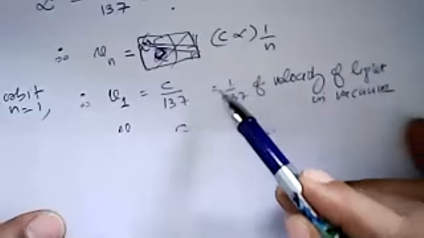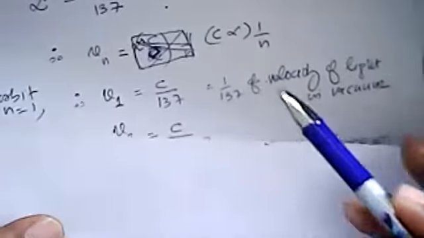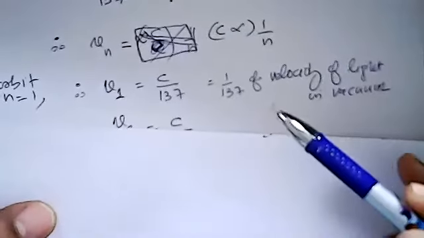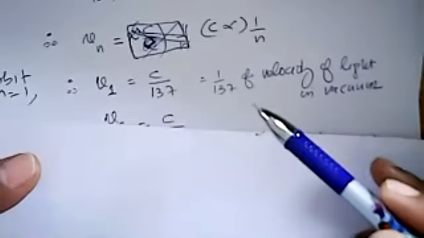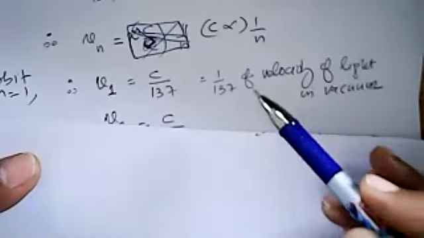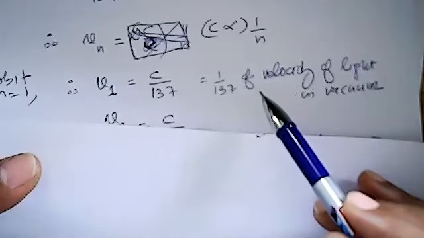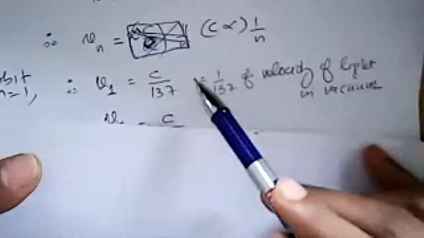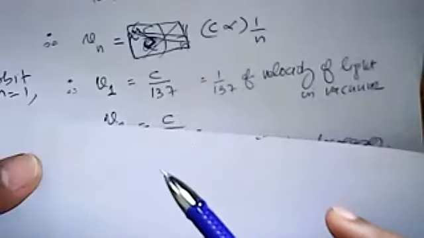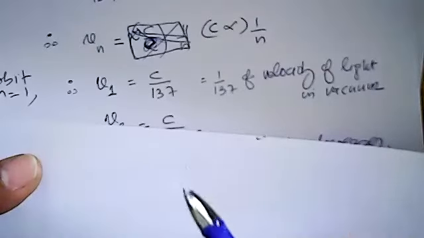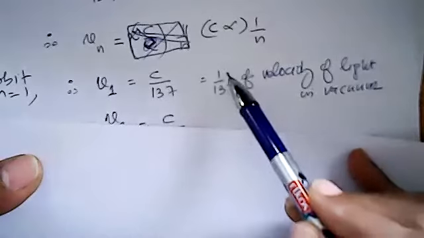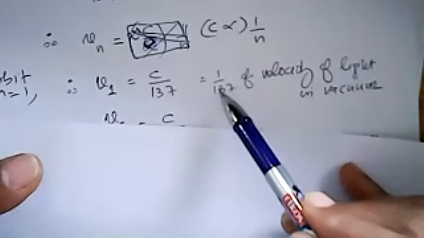Now you will get to know the velocity of light and its importance: the fastest velocity in the universe, the velocity of light in vacuum, 3 lakh kilometer per second. So the velocity of the electron in the first orbit is c by 137.